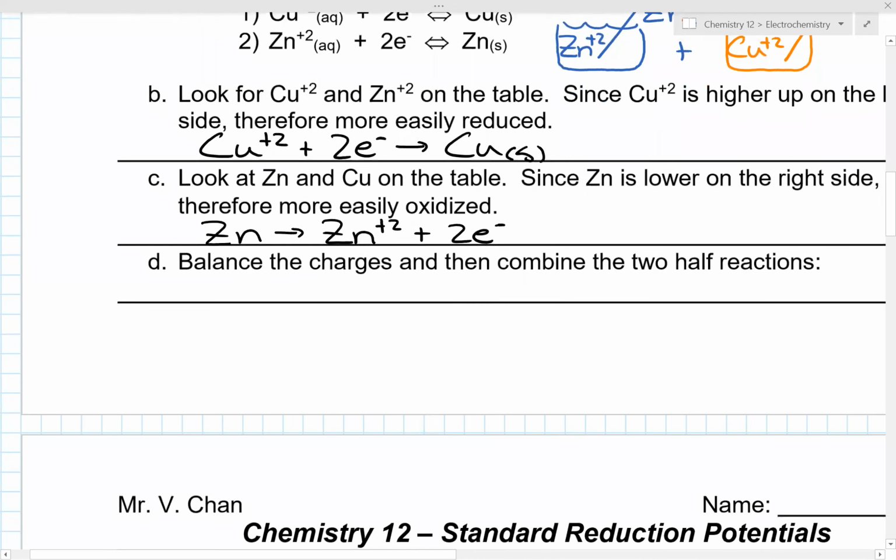So when we balance the charges, we get copper 2+ plus zinc solid gives you copper solid and zinc 2+ ions. Okay.